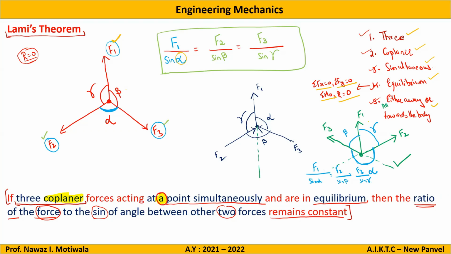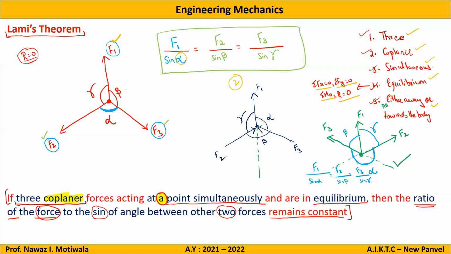Then we also discussed with examples where we can apply Lami's theorem and where we cannot, and we saw how the law of transmissibility can be applied here. For example, in case number 2, two forces are coming towards the point, but one force is going away from the point.